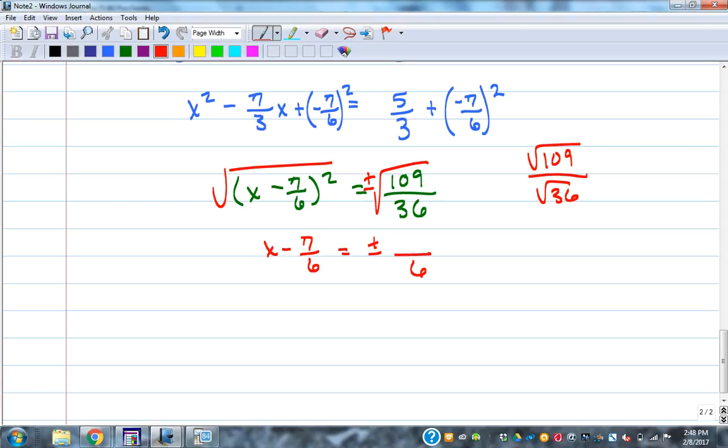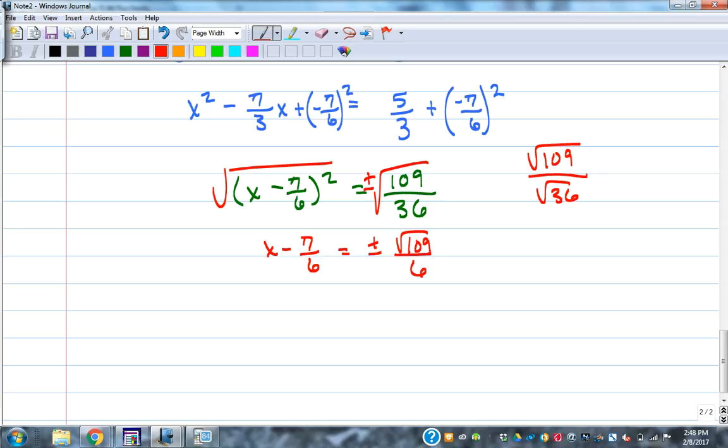Prime numbers are the weird ones. I think 109 is prime, so we just leave it as square root of 109 on top.